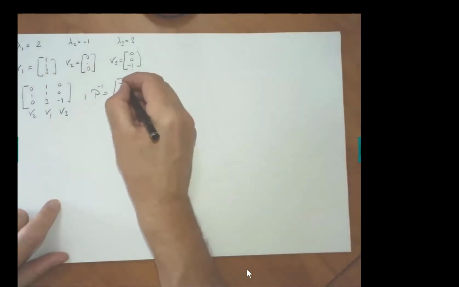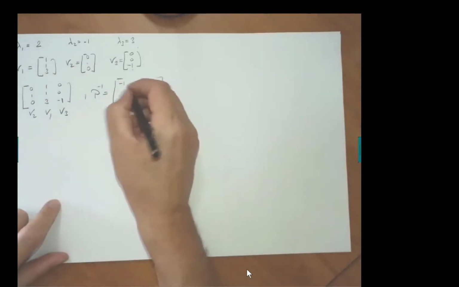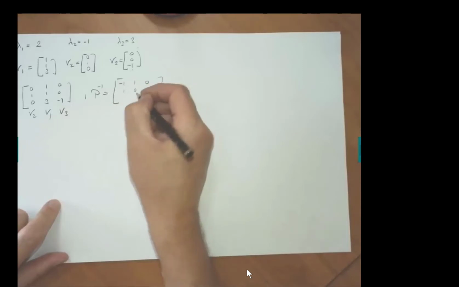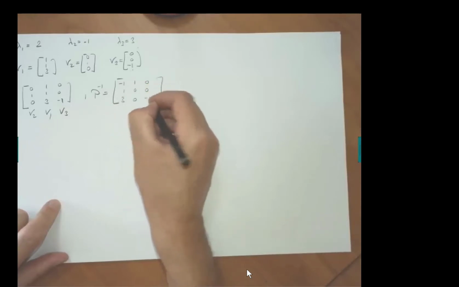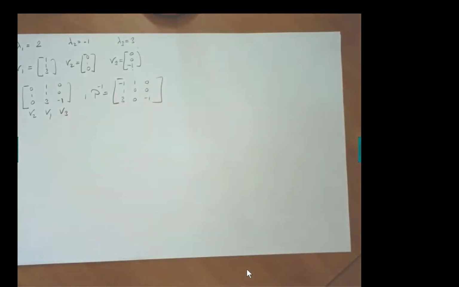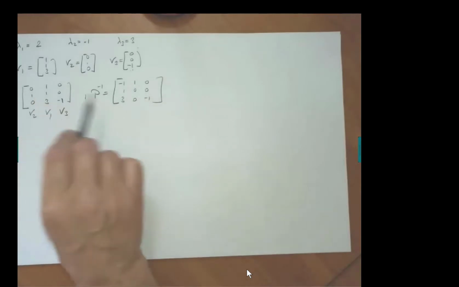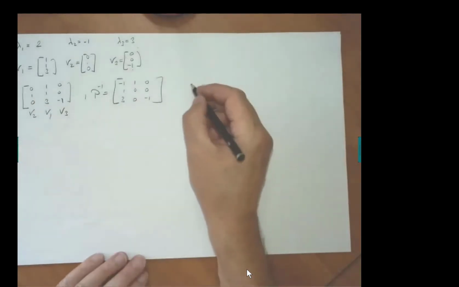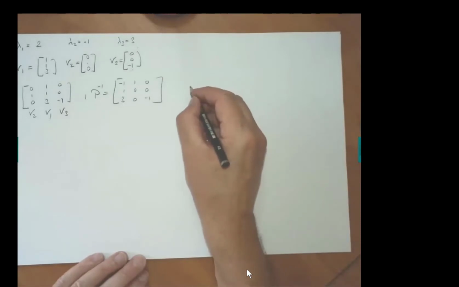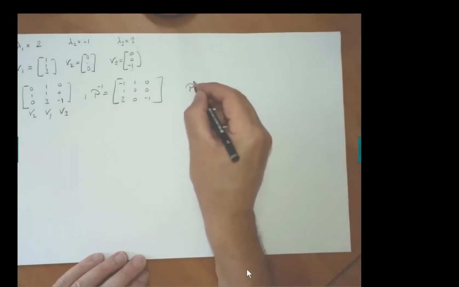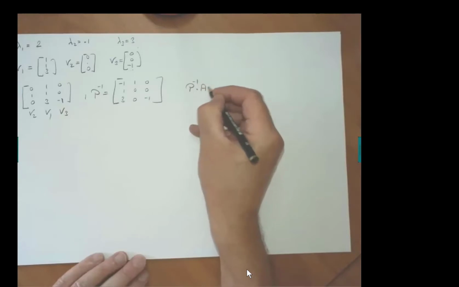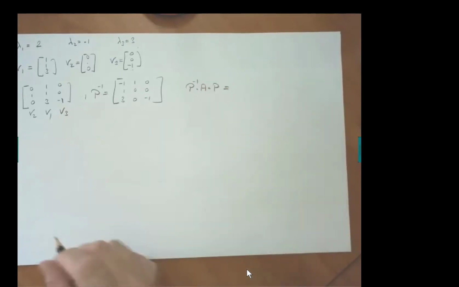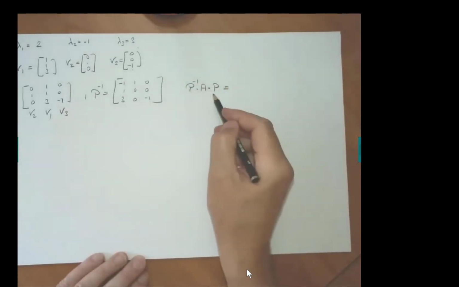So this is -1, 1, 0, 1, 0, 0, 3, 0, -1. So if you have this matrix, you can find this inverse by doing the regular calculation. And then we calculate what is actually P inverse A P. We know this is a diagonal matrix.